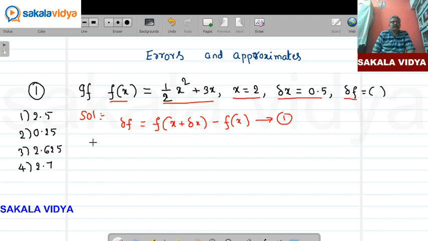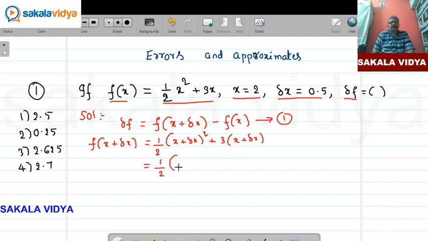So, first we need to find out f of x plus delta x. F of x plus delta x equals half multiplied by, in the place of x write down x plus delta x whole square, plus 3 times x plus delta x. Now we can simplify, this is half times x square plus 2x into delta x plus delta x whole square.